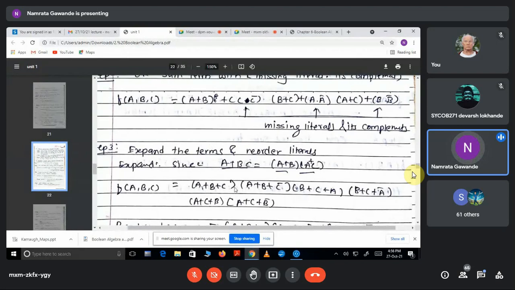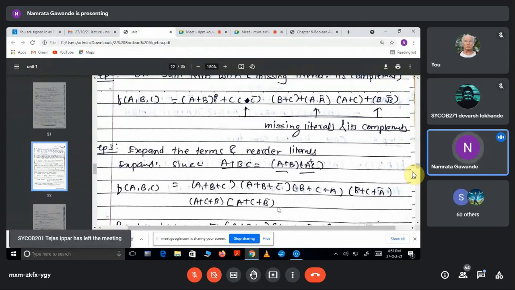And after that, because of this dot, it is nothing but the multiplication of these two terms: A plus B plus C dot A plus B plus C bar. Okay. Then B plus C plus A and B plus C plus A bar.